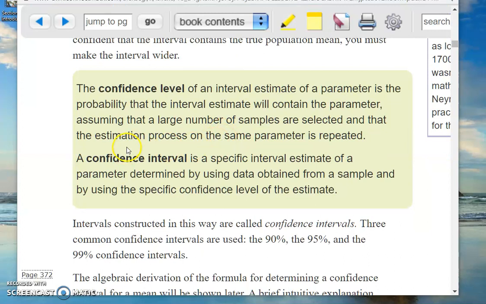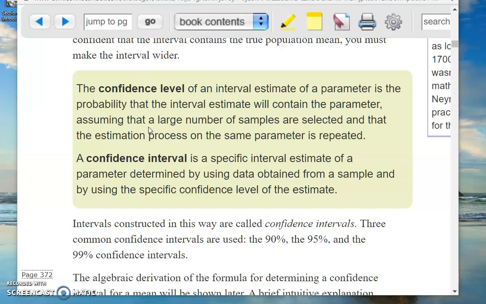Okay, so a confidence interval, the confidence level of an interval estimate is a probability. So we know what probability means now. It's the probability that the interval estimate will contain the parameter, assuming that a large number of samples are selected and that the estimation process on the same parameter is repeated.